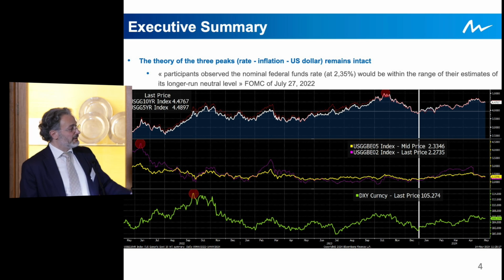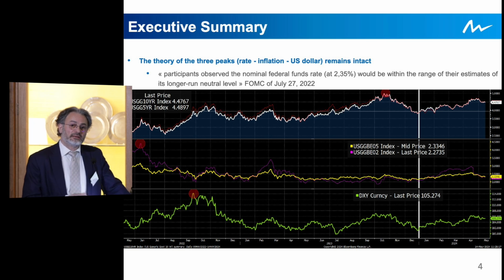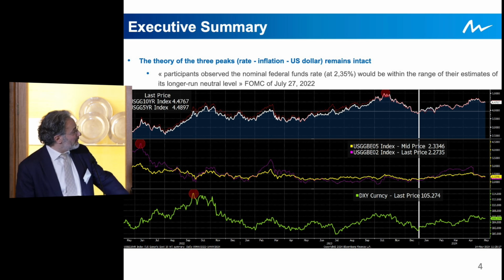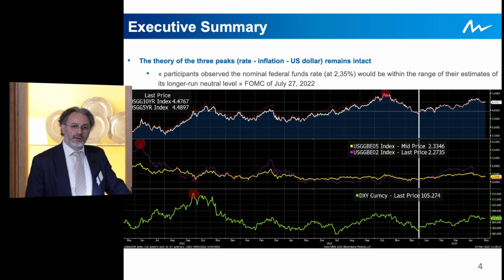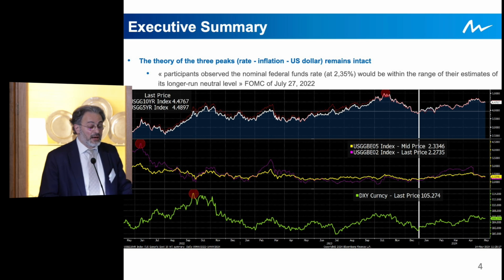Since then, finally, the market is realizing that inflation is not a real concern anymore. That's what the market is telling you, that the anticipation for inflation is going down, and the US dollar trend has been down. And this is what you need to remember: dollar, nominal rates, and inflation. That's the recipe for a higher gold price.